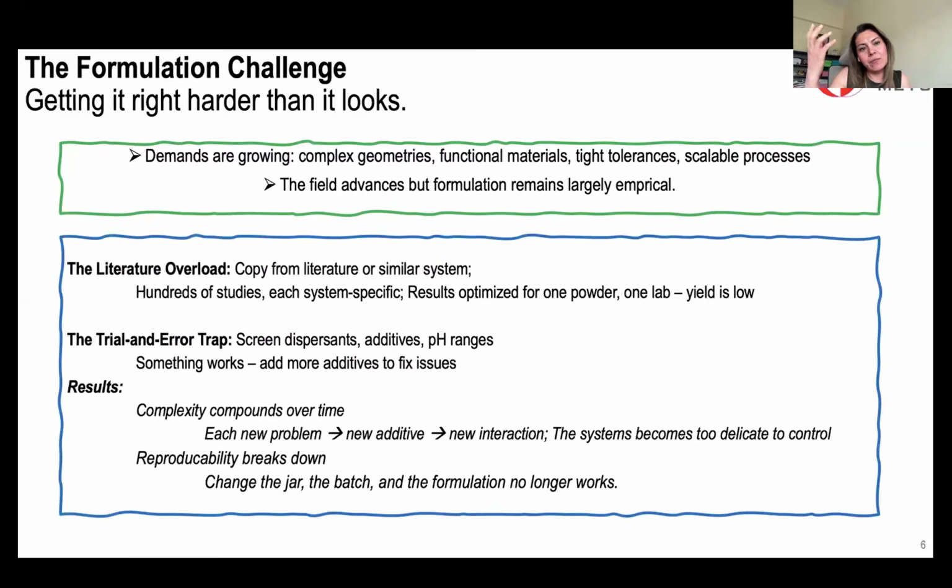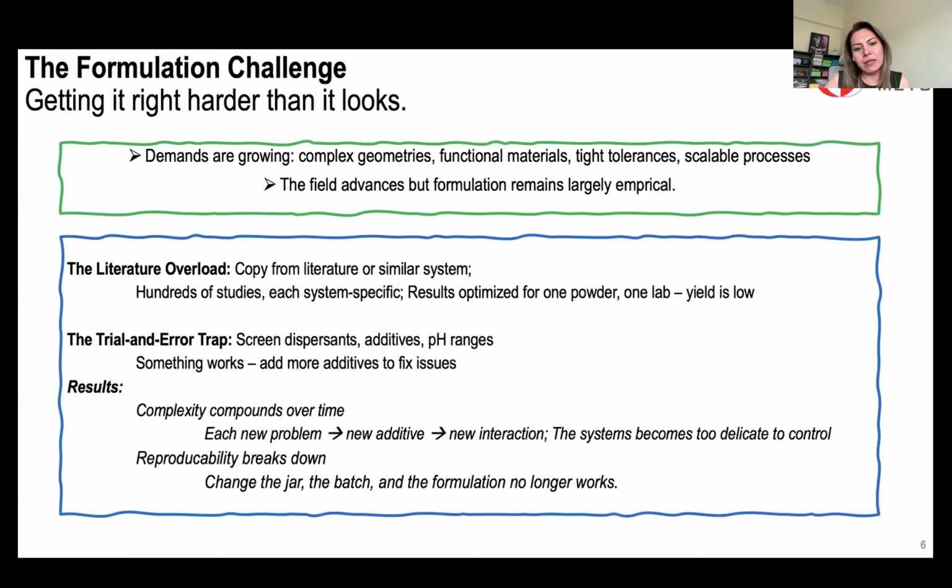If someone is going to develop a recipe, what we do is look at the literature and try to see similar systems. There are hundreds of studies. It's difficult to find that perfect match, but sometimes even in the same lab, with the same formulation, we have difficulty reproducing those results.